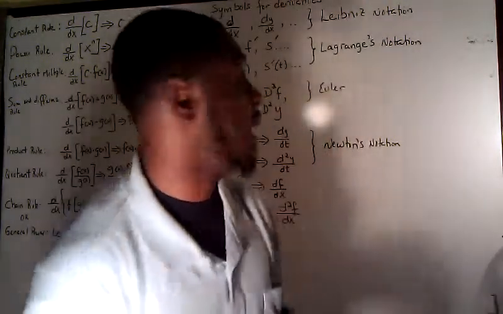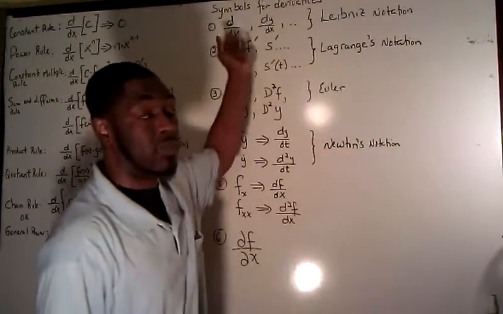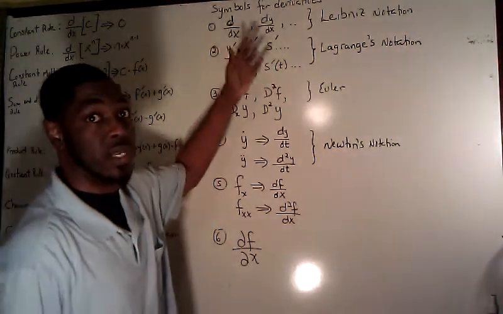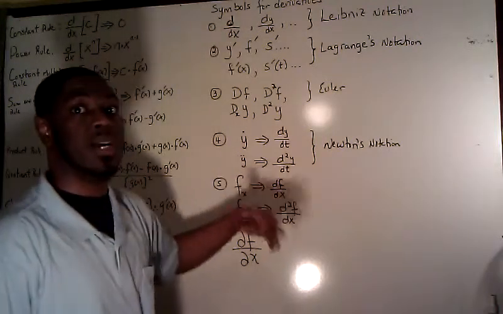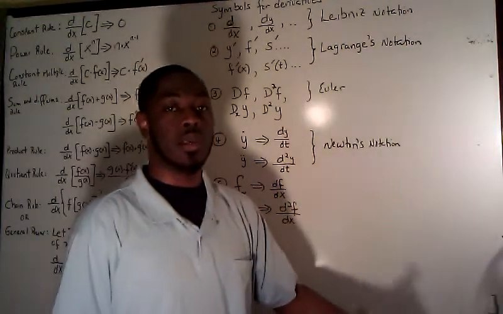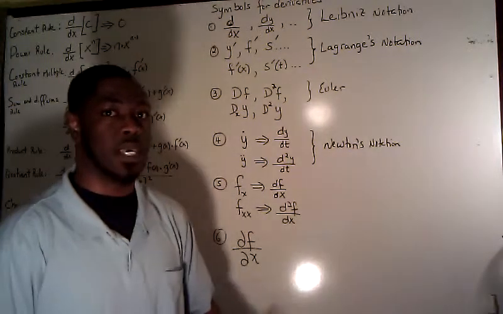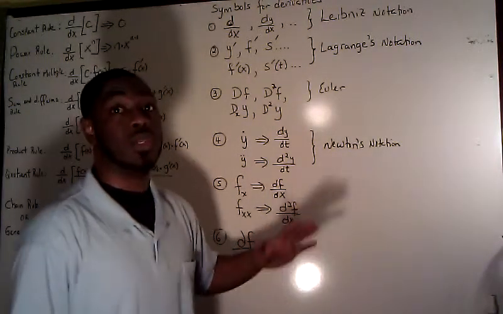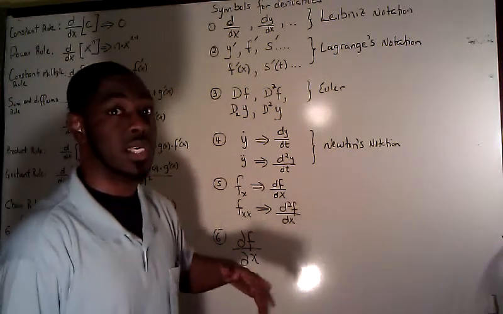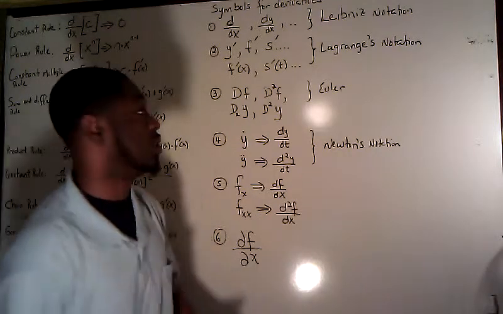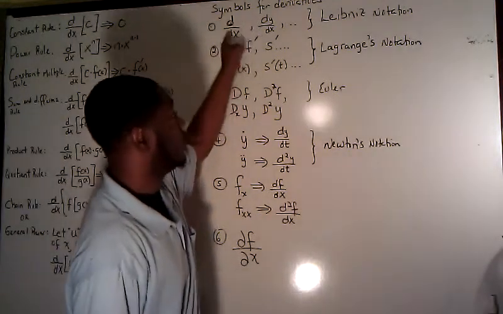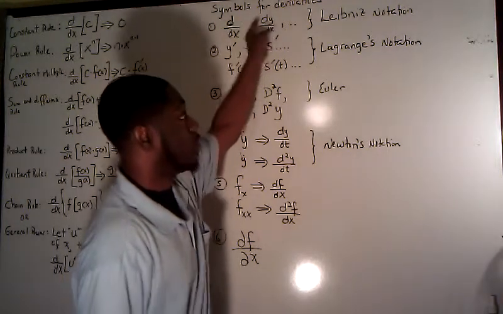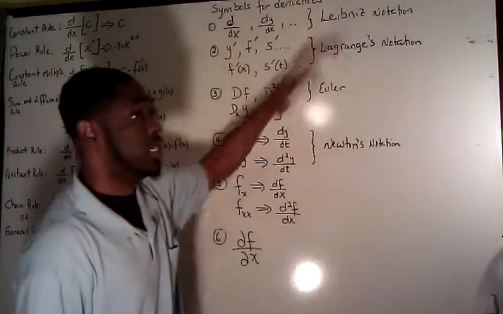I want to also remind you that there are several notations for derivatives, and depending on which level of calculus you're working in, that will determine which notation you will see. Of course, it all depends on your instructor's choice. The derivative can be symbolized in this way or this way, which is regarded as the Leibniz notation.